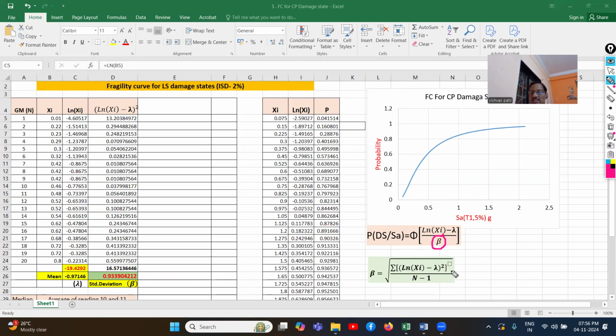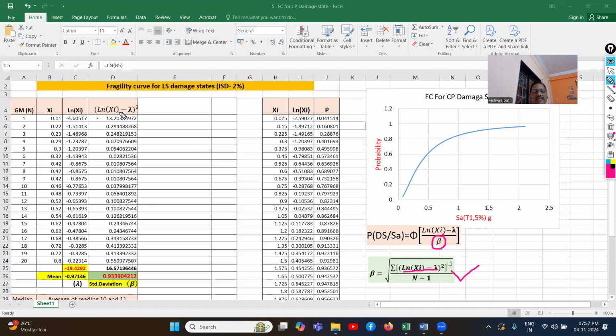Now this is the equation to calculate the standard deviation. It is the square root of, in the numerator, the summation of (ln xi minus lambda) squared, and the whole divided by, in the denominator, n minus 1, where n is the number of readings. First of all, the numerator term is this.